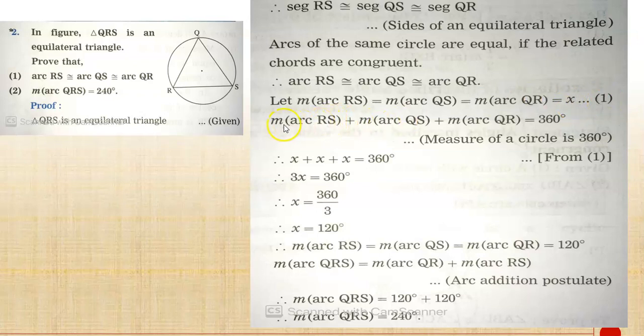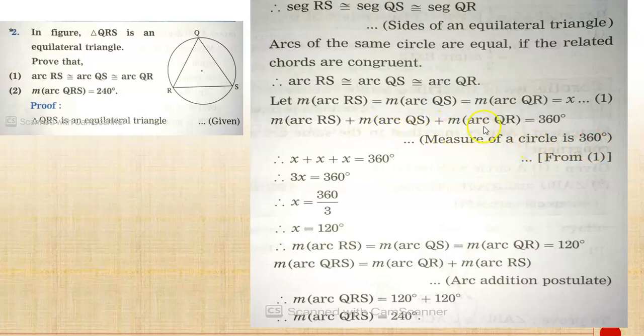Now I know that measure arc RS plus QS plus QR, this is measure of entire circle. So that is what I'm going to write next. Measure of arc RS plus measure arc QS plus measure arc QR is equal to 360 degrees. My reason, measure of a circle is 360 degrees.